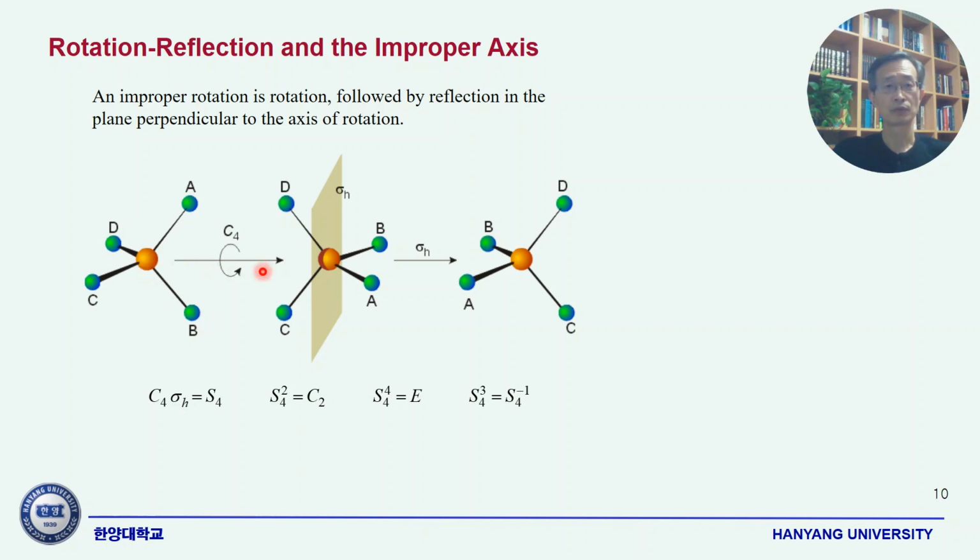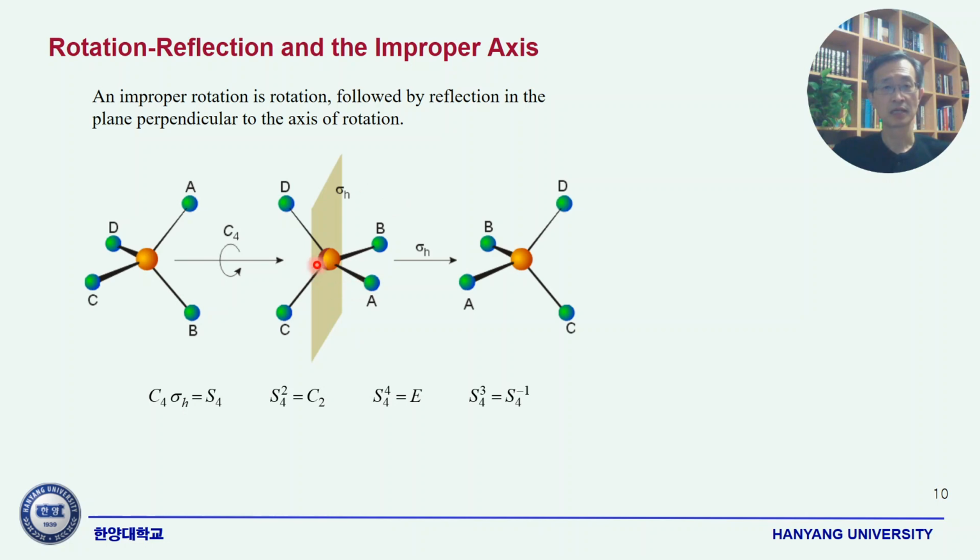One C4 rotation is 360 divided by 4, a 90-degree rotation. A was here and goes there, and B goes to the other side, and then D goes up, C goes down.